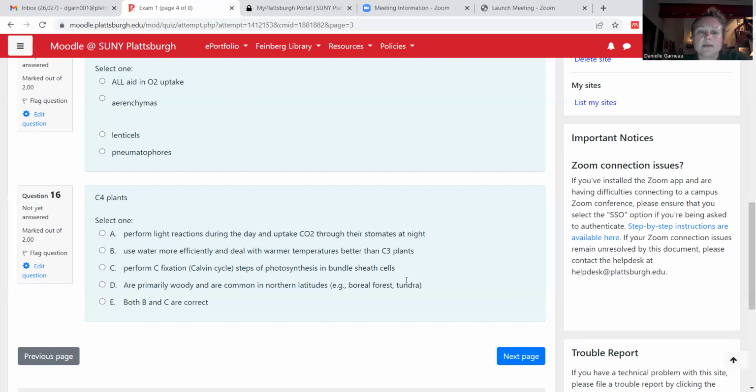So in this case, those woody plants are more C3 instead of C4. And C4 plants tend to be a little bit more herbaceous. And we also know that they deal better with the water loss, right? So B and C would be correct here.